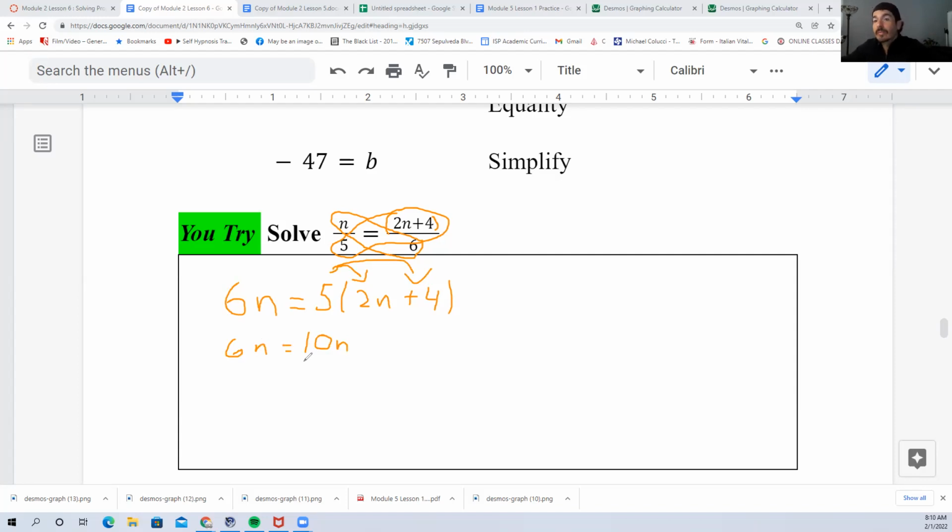We can take the numbers 5 and 2, multiply them together, and we are left with another factor of n there, plus 5 times 4, which is 20. But we can't combine the 10n and the 20 because they're different terms and we can't add and subtract them. All right, so now we have the same unknown on different sides of the equal sign. So I'm going to subtract 10n from either side here.